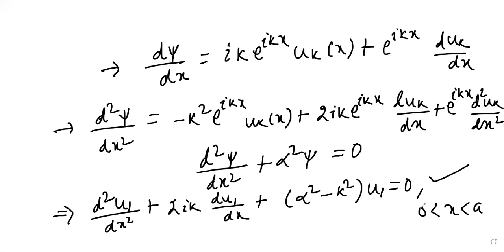Now similarly, the second one we can write, and instead of u1, I will write u2 just to distinguish another Bloch function, which is valid for the second Schrodinger equation that we have considered. Exactly the same way, we substitute in the second equation.